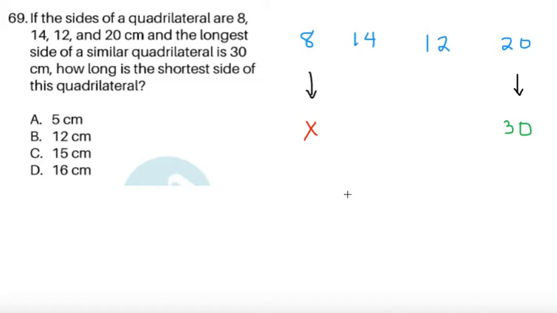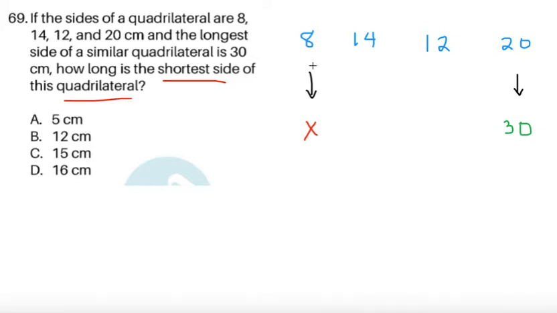So 20 will correspond to 30 because 20 is the longest side of this quadrilateral. So 20 would correspond to 30 as given. And the shortest side would obviously correspond to the value that is asked in the problem, the shortest side of this quadrilateral.